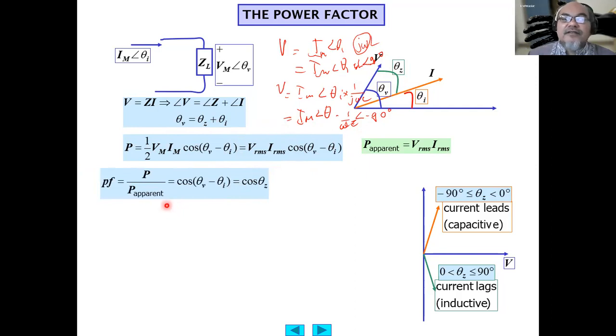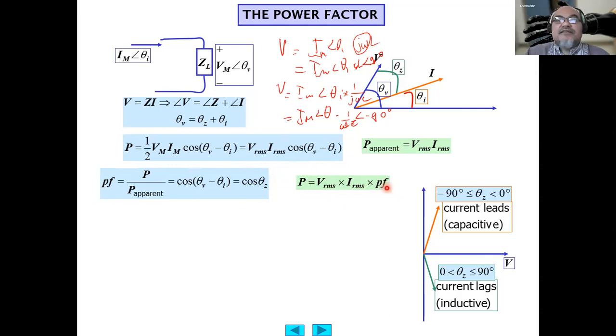The power factor is then defined as this power divided by the apparent power. From here we obtain that it equals cosine of theta V minus theta I, or cosine theta Z. So P equals the apparent power times the power factor.